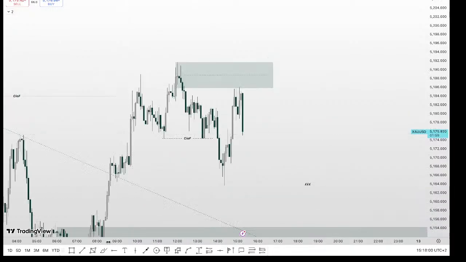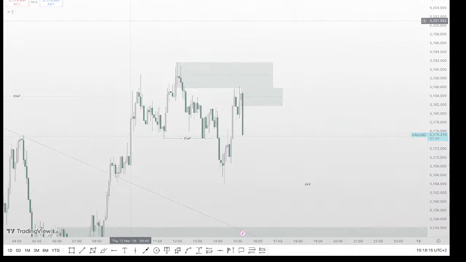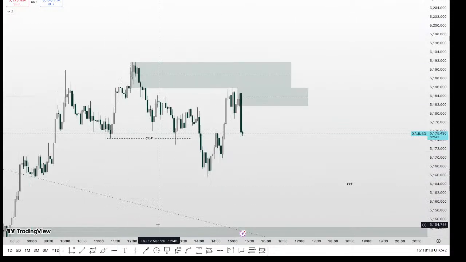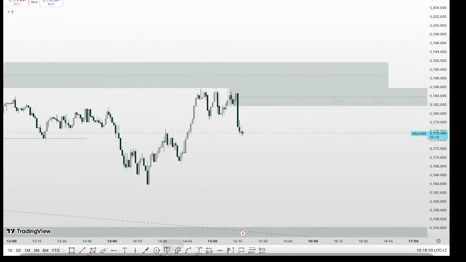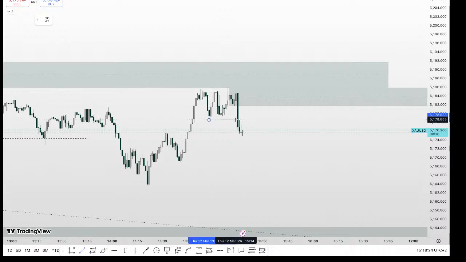It's never a straight way to the top. So I'm looking at this, just wait and see. Of course, it has given us a change in order flow here, so I'm just gonna place it there.